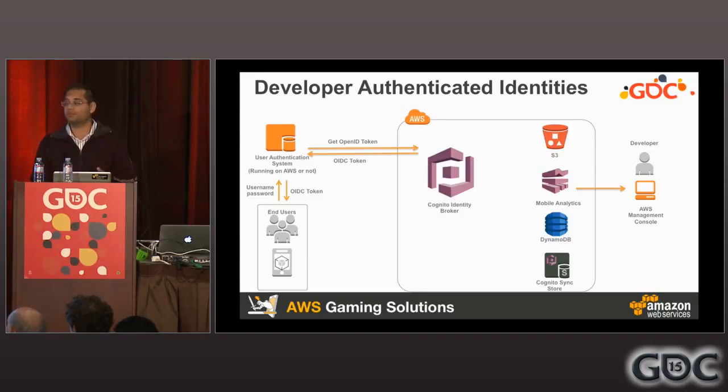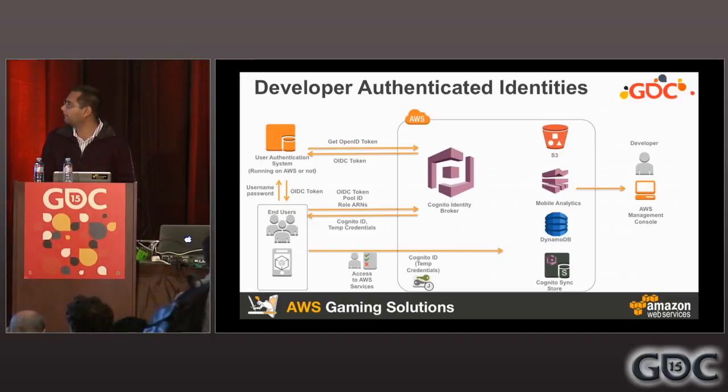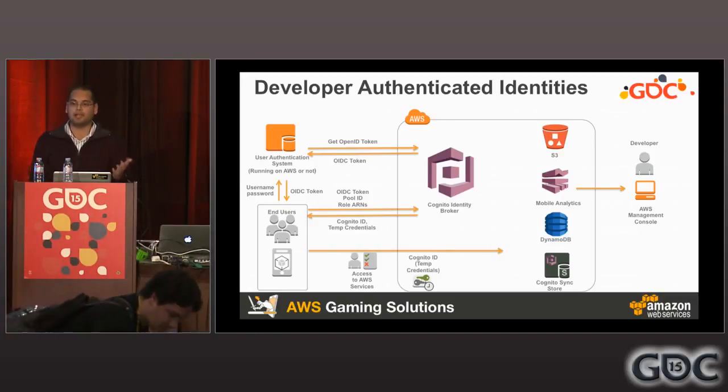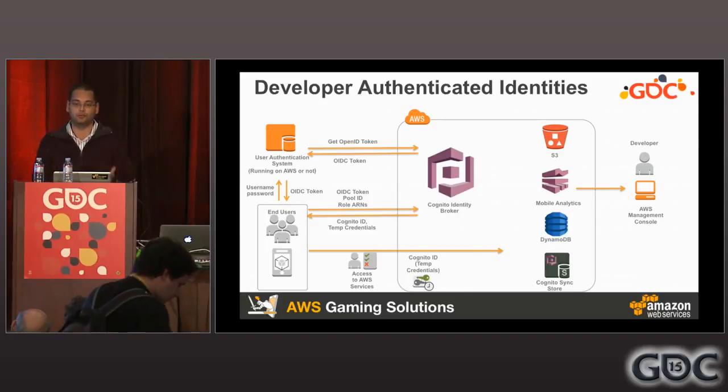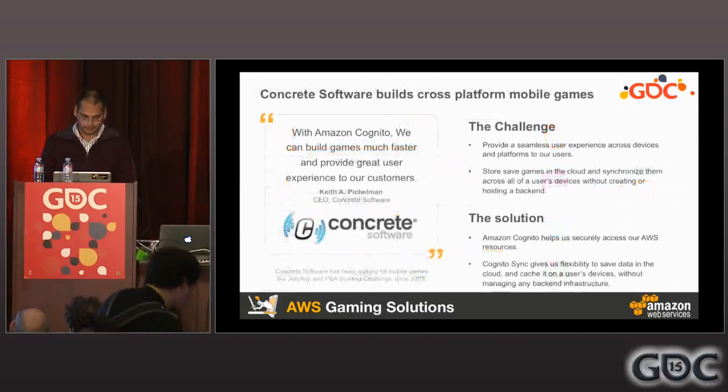Your authentication system then needs to return that OpenID token back to your application. And then your application, via Cognito, will transport that same OpenID token with the pool ID and the resource ARNs to the Cognito identity broker. And then you get the Cognito ID, and you get the temporary set of credentials. And then you basically access the features and the resources as you would beforehand.